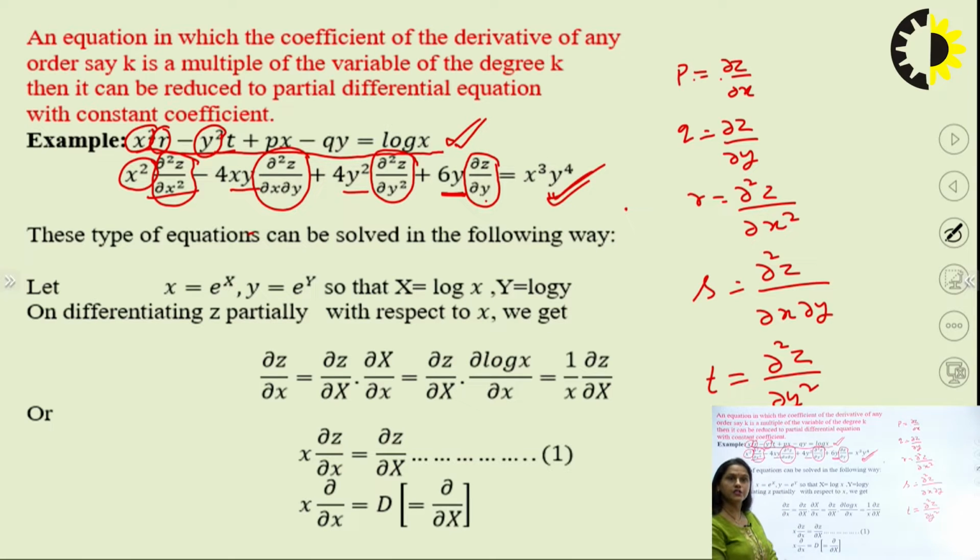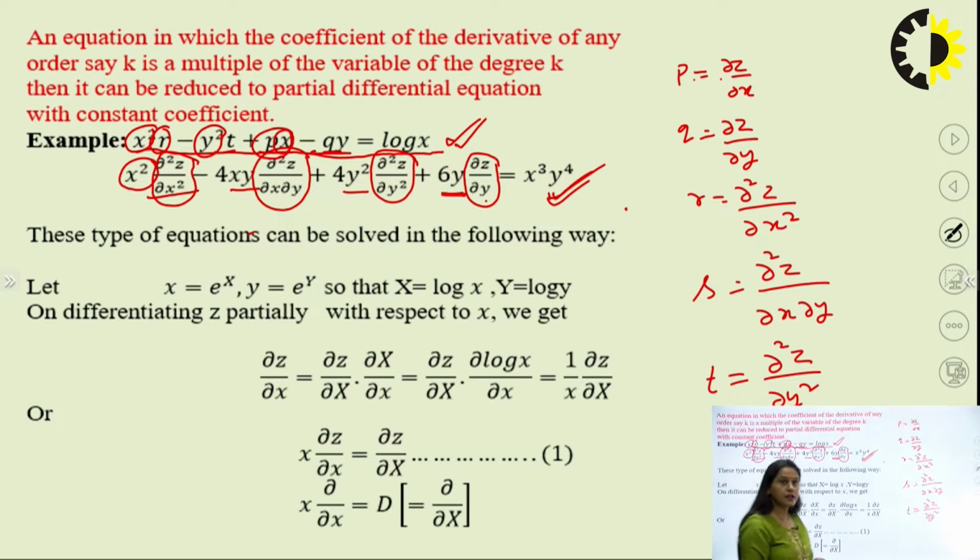It means the coefficient is y square. In the third term we have p, which is nothing but del z upon del x, so the coefficient is x only. And similarly for q also, what is q? Q is del z upon del y, so the coefficient is only y.